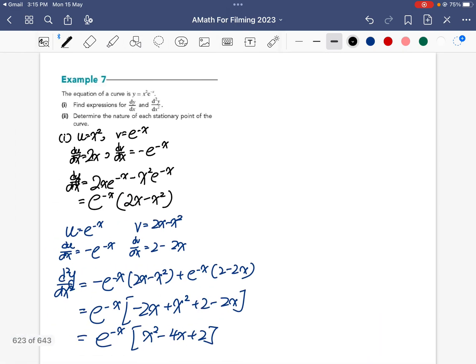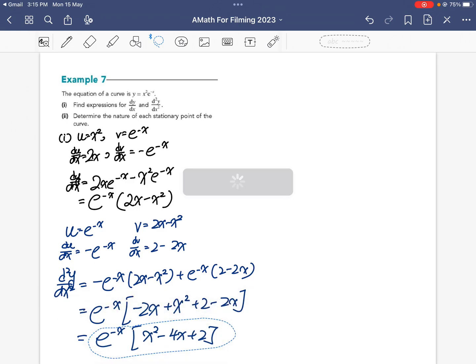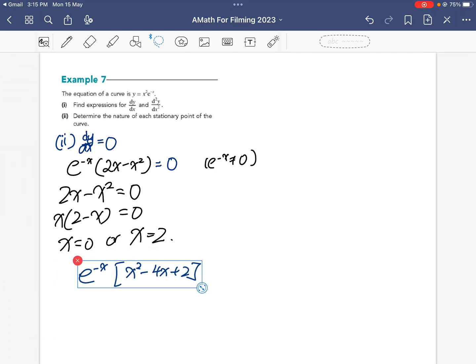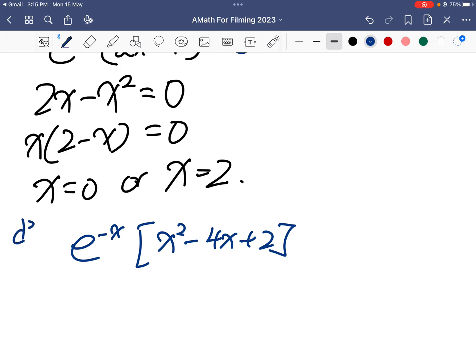Now, if you remember my second differential, which is over here, let me just copy it out. My second differential.